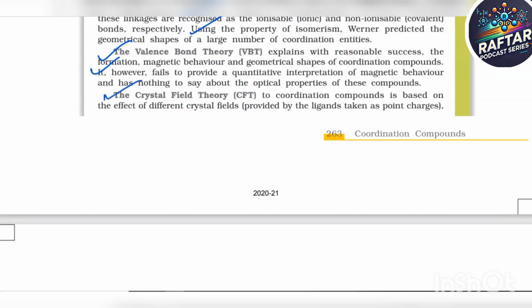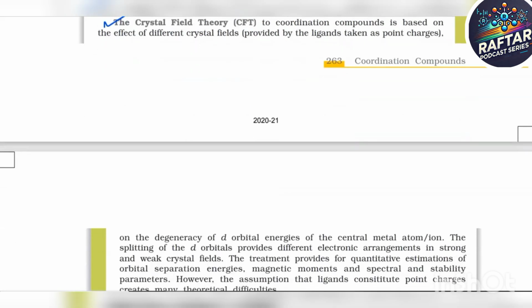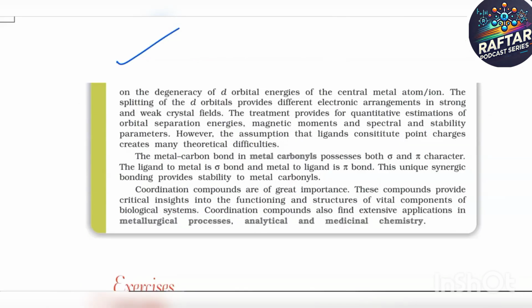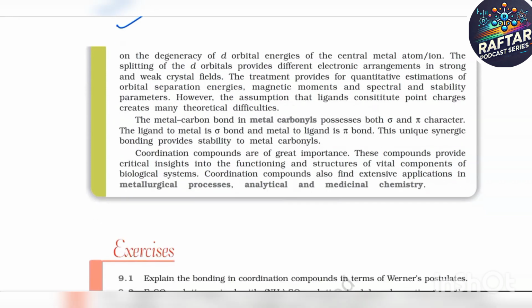The splitting of the d orbitals provides different electronic arrangements in strong and weak crystal fields. The treatment provides for the quantitative estimation of orbital separation energies, magnetic moments, and spectral and stability parameters. However, the assumption that ligands constitute point charges creates many theoretical difficulties.